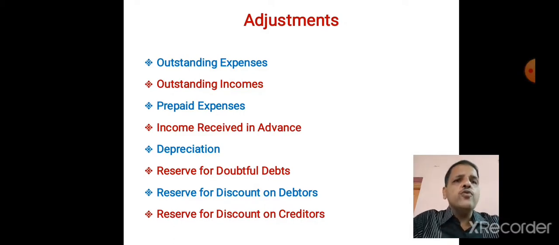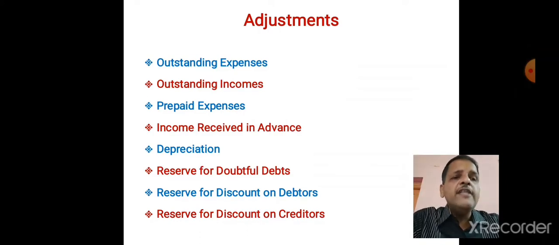Now let us go towards the next adjustment, which is reserve for discount on creditors. Now friend, when carrying out the adjustment for reserve for discount on creditors, we have to see whether discount received as well as old reserve for discount on creditors are given on the credit side of the trial balance.